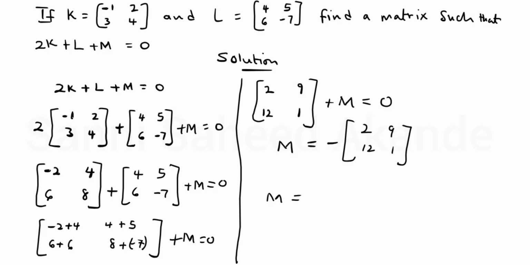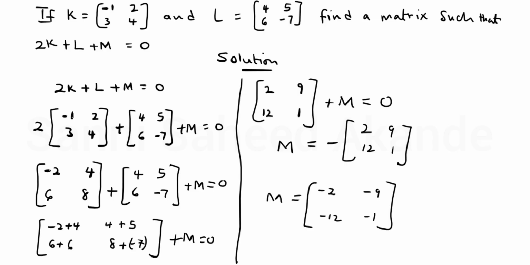Okay, so when I do that, I have minus 2, minus 9, minus 12, minus 1. So this is the value of M. Okay, so this is what they asked us to do, and we have successfully done that.